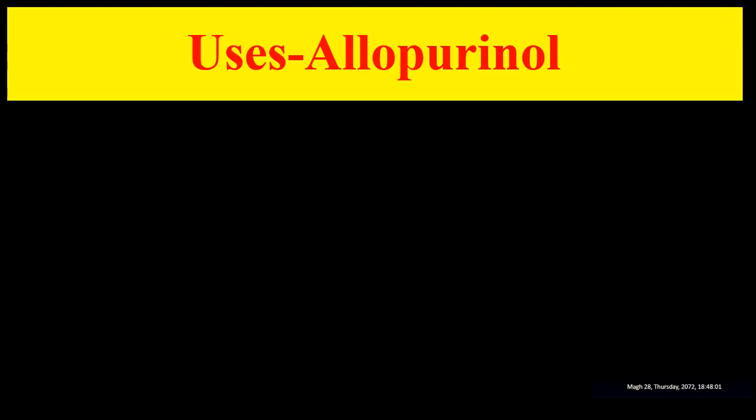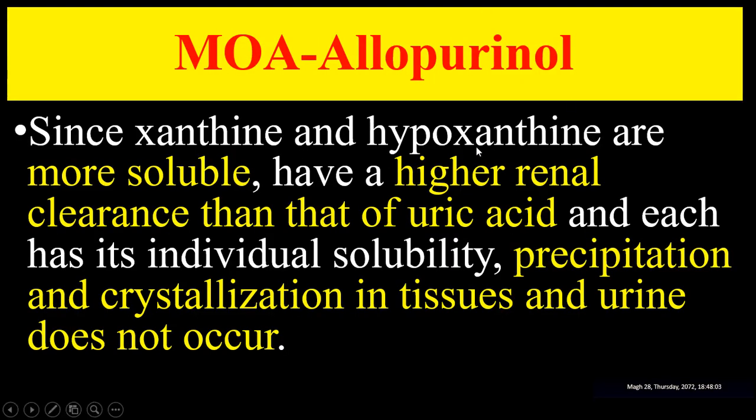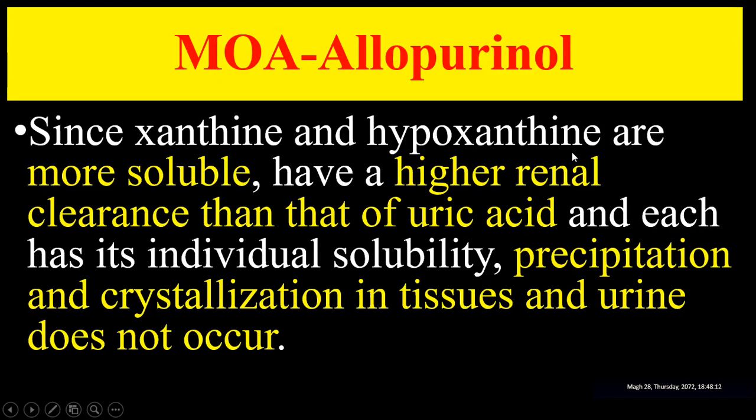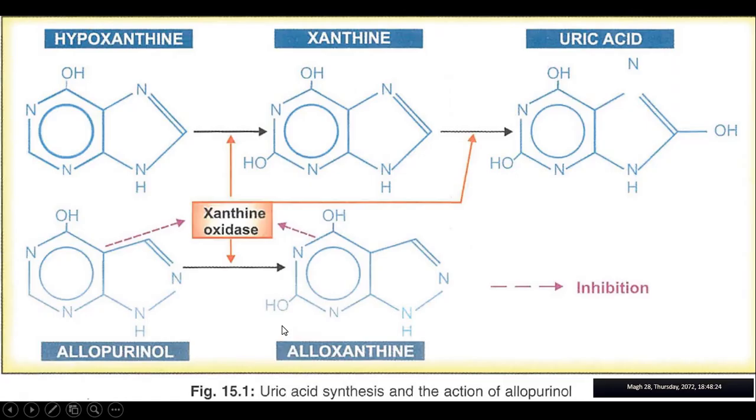So what happens is, xanthine and hypoxanthine are more soluble and have higher renal clearance than uric acid, and each has its individual solubility. Precipitation and crystallization in tissues and urine does not occur with xanthine and hypoxanthine.